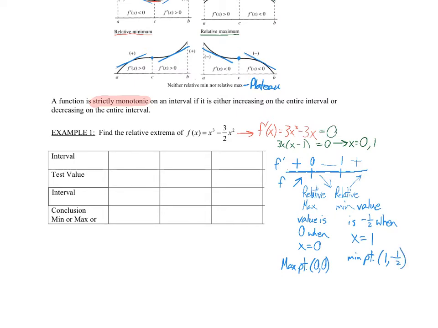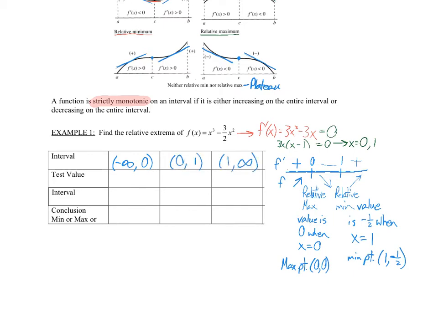Now, let me illustrate here the table, how you could use this. If I have two critical numbers like this, it divides the whole interval into 3 intervals: negative infinity up to 0, between 0 and 1, and from 1 to positive infinity.